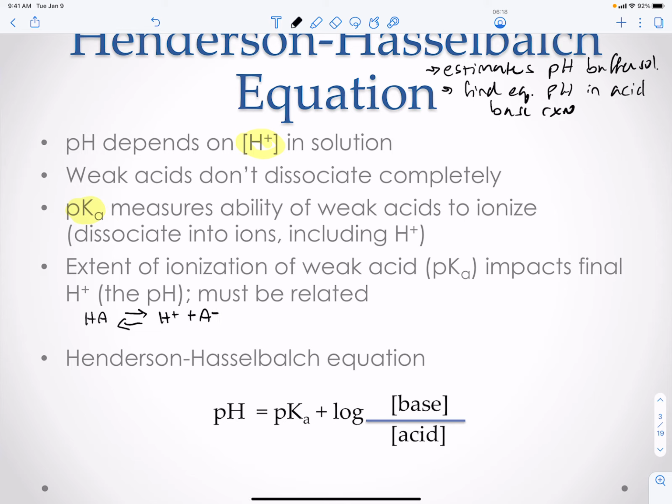And then this is given by the equation, where this is an acid, and it's going to be our products over our reactants.